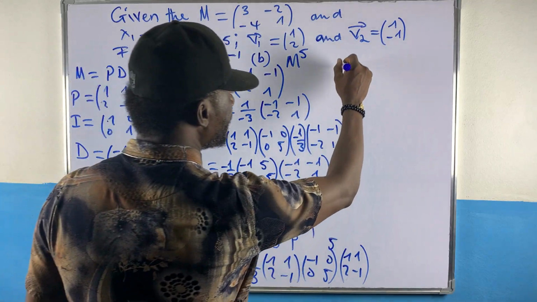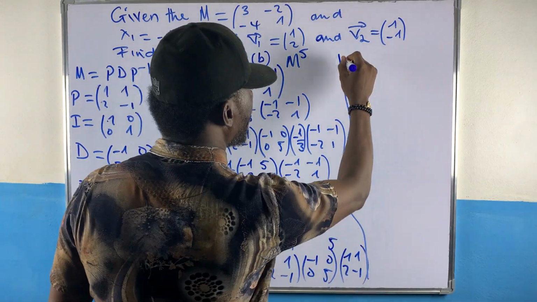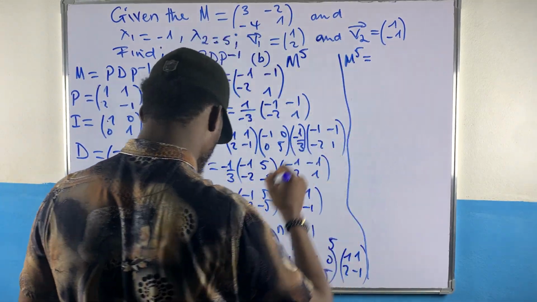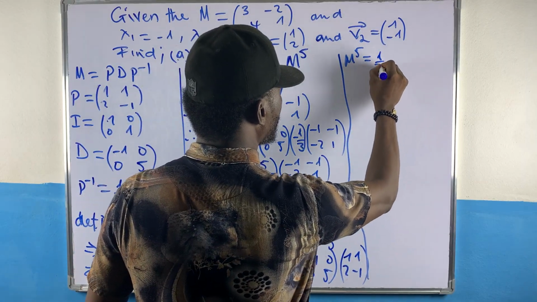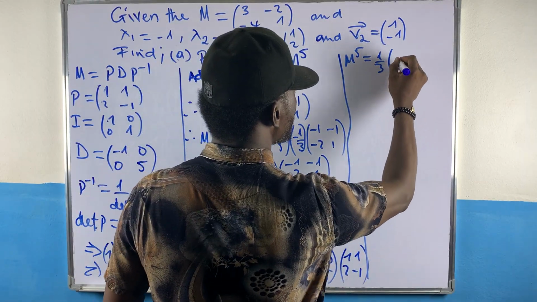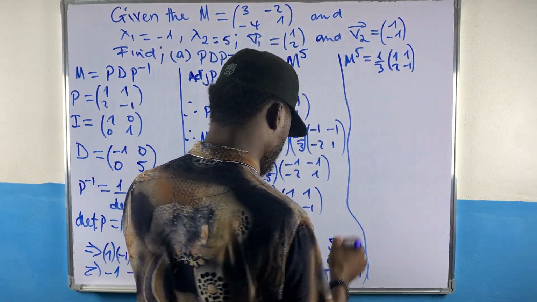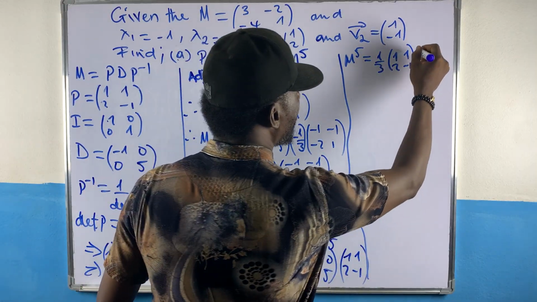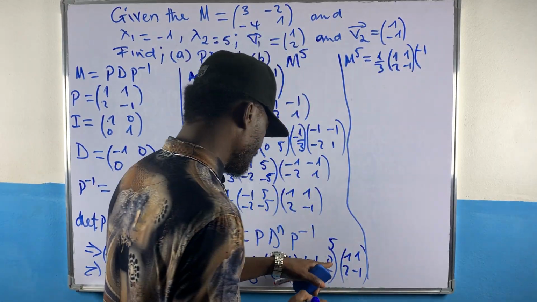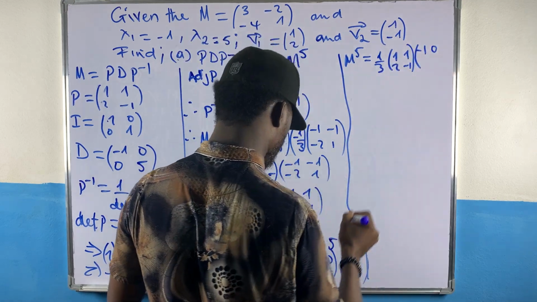So M raised to the power 5 will be equal to 1 all over 3 into 1, 1, 2, negative 1. Negative 1 raised to the power 5 is negative 1. 0 raised to the power 5 is 0.